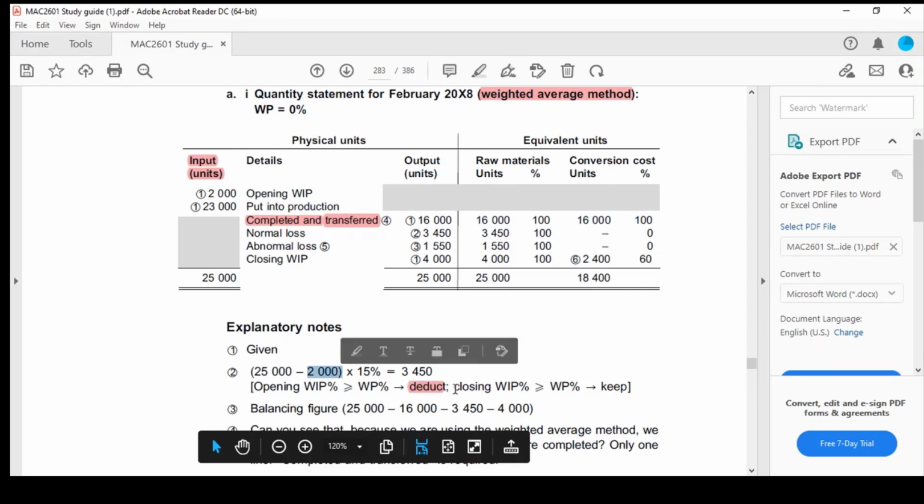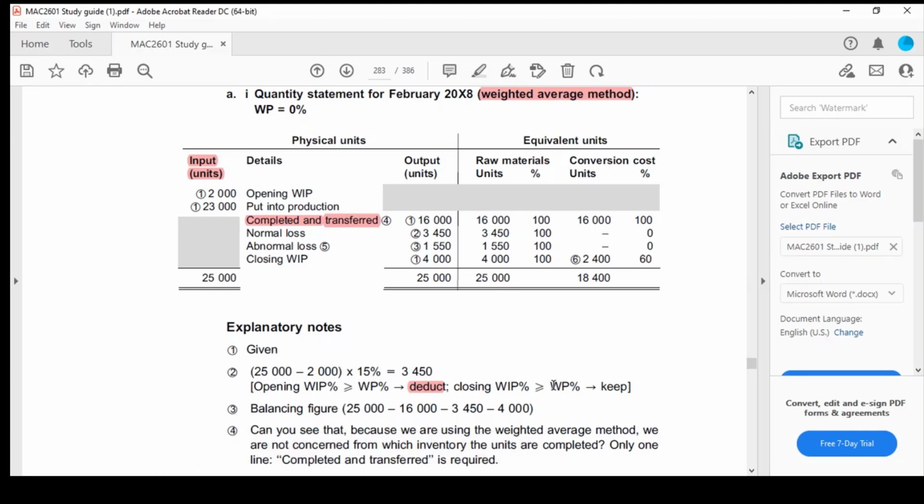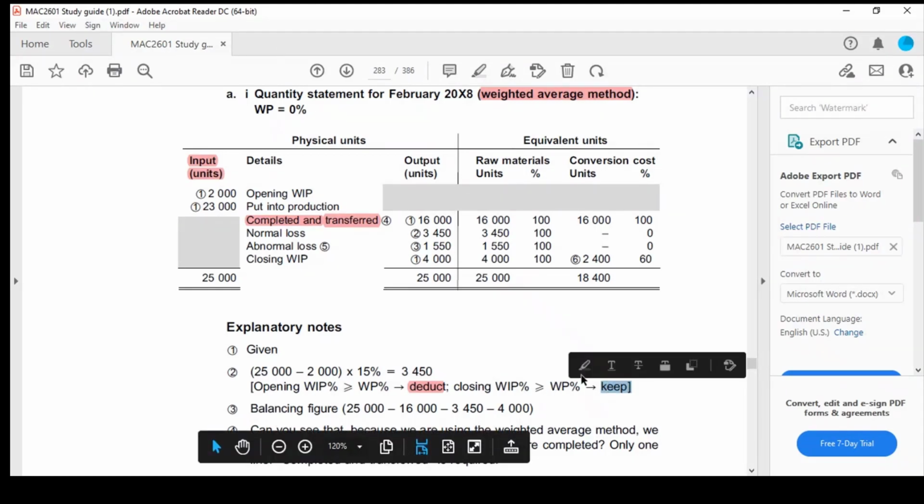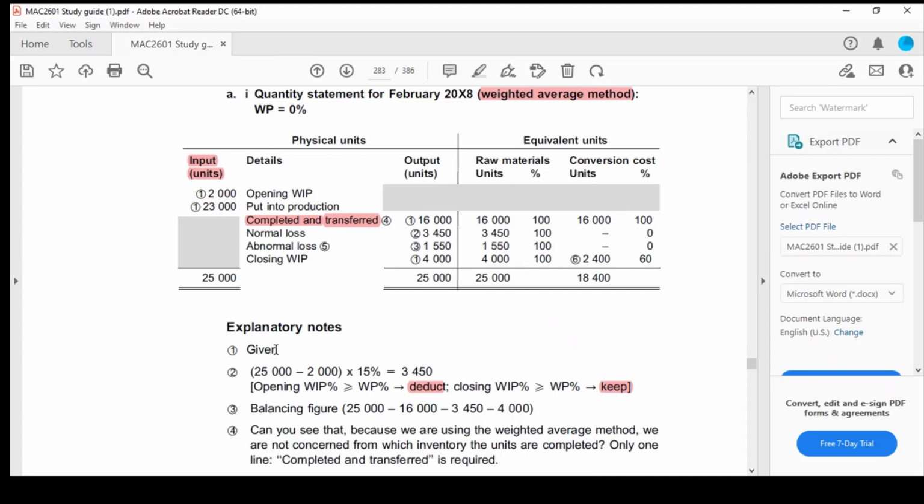There it is. My closing WIP, was it less than my wastage point? In this instance, it was more. Therefore, you keep it. So 25,000 minus the 2,000, multiplied by that 15%, gives you your normal loss.